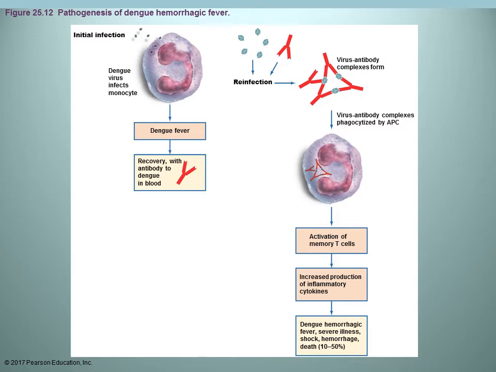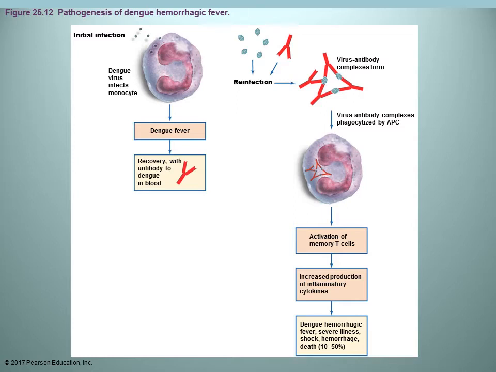This table or chart is showing the pathogenesis of this hemorrhagic fever. Initially you have the fever, the virus infecting. In this case, it tends to infect monocytes. You end up with the fever. You have recovery, and you do have the antibodies, which would be your typical response. Reinfection occurs. The antibodies are going to bind with that virus, forming complexes.